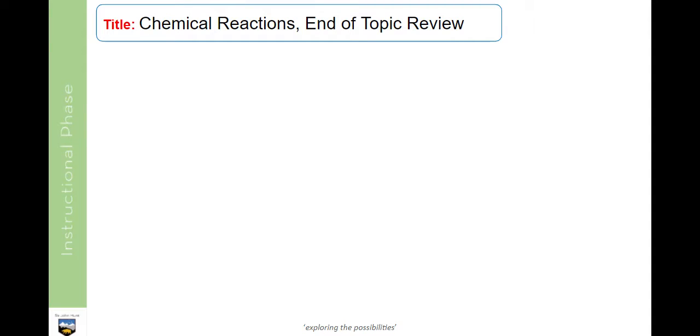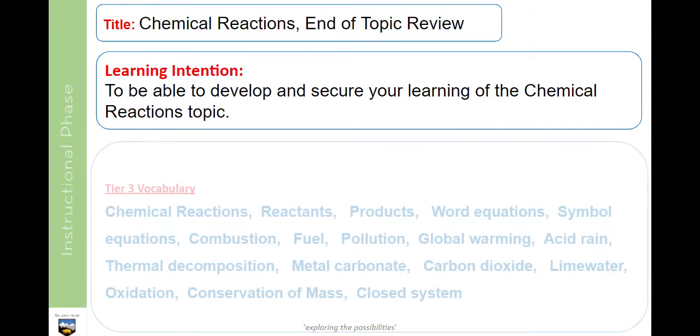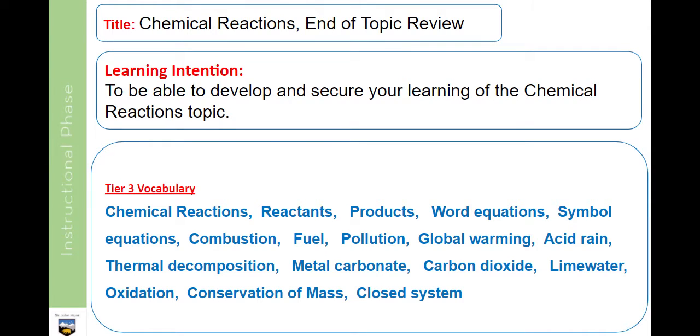Okay, so we've come to the end of our topic on chemical reactions now. So it's really important that we review what we've learnt. We look at the areas that we are secure with. We look at the areas that we're not so secure with, and we develop those areas. Now, all of the keywords for this topic are now being shared on the screen with you.